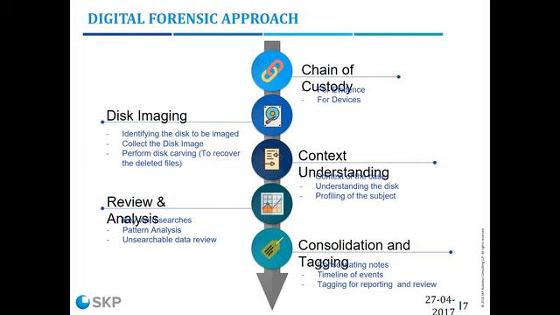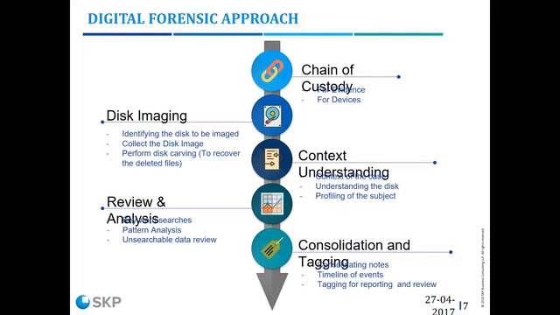Chain of custody ensures that the asset or the evidence was handled with appropriate care, and there's a trail of who handled it and how the evidence moved across people and how the final outcomes have been represented. So that chain of custody is one of the critical factors. It could be applicable for the evidence or for the devices as the case may be.